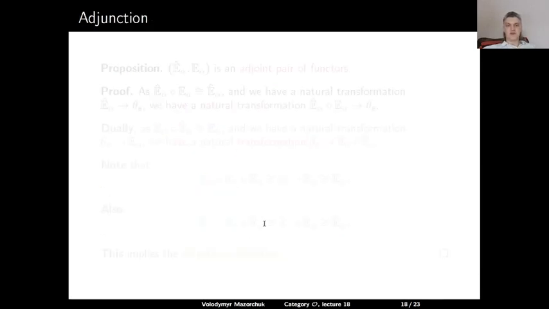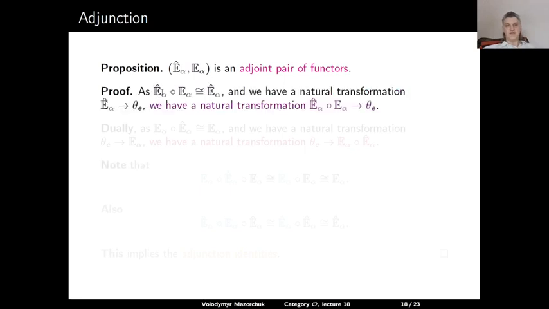One consequence of this is that the pair E alpha hat, E alpha is an adjoint pair of functors. We have just seen that the composition of E alpha hat after E alpha is isomorphic to E alpha hat. And we have a natural transformation from E alpha hat to the identity.